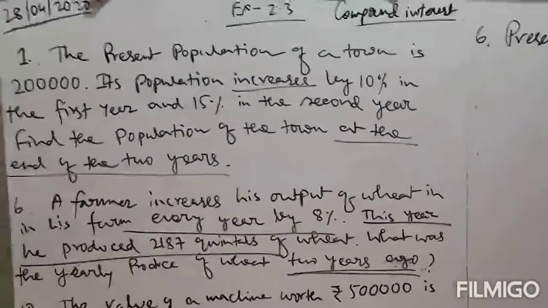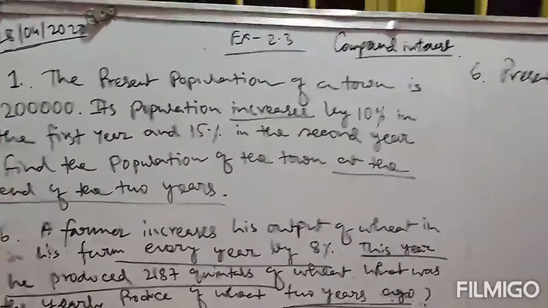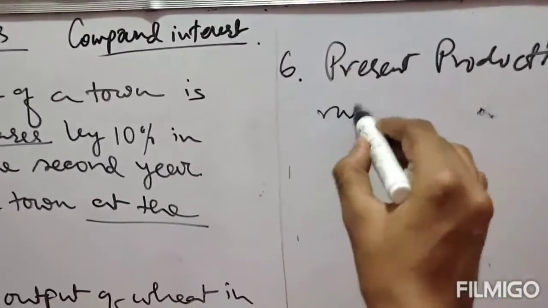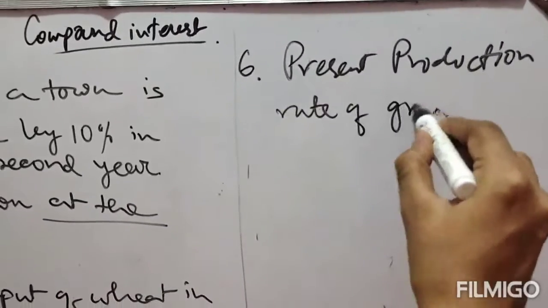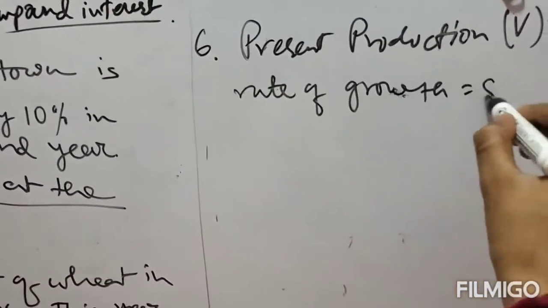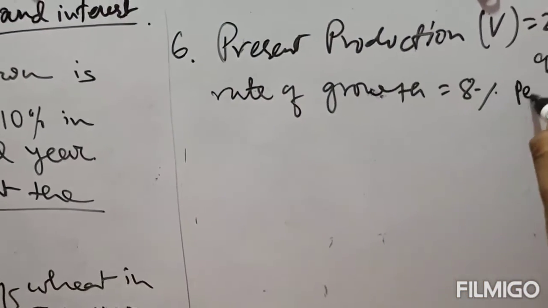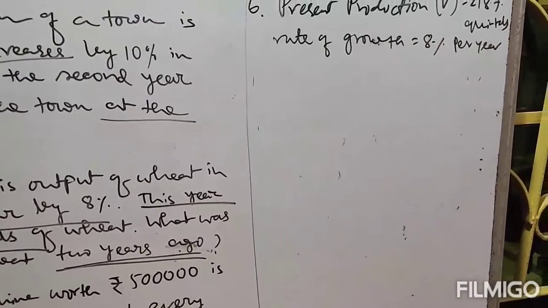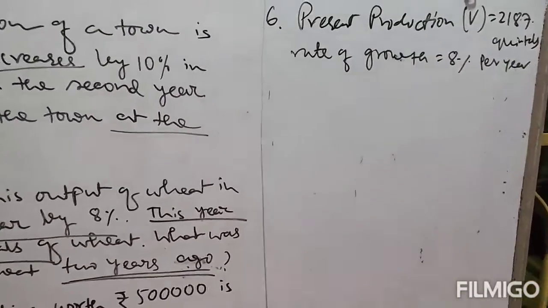Clear? And the rate of growth is given as 8% per year. We have to find out the production of wheat 2 years ago.